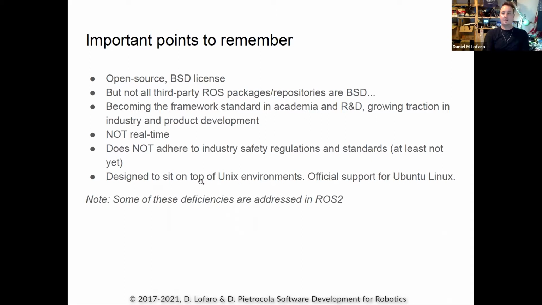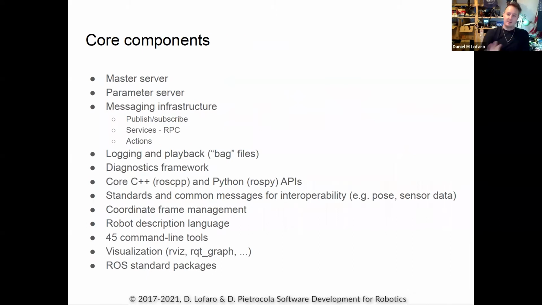All right, so do we have any questions about the basics? Otherwise, we're going to start talking about the core components. All right, we're good? So let's talk about the core components. First, we have a master server.